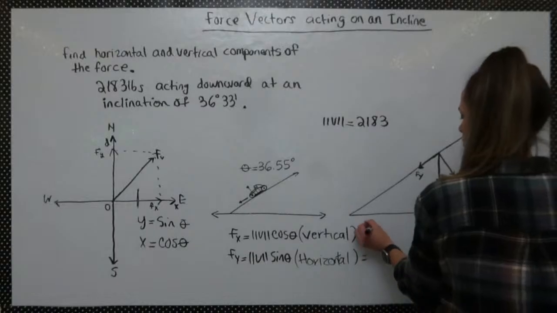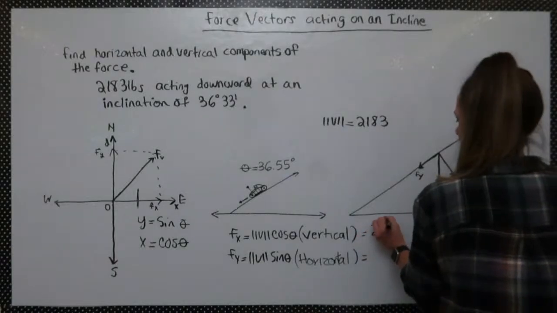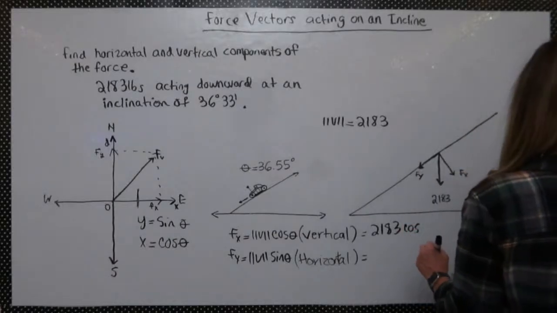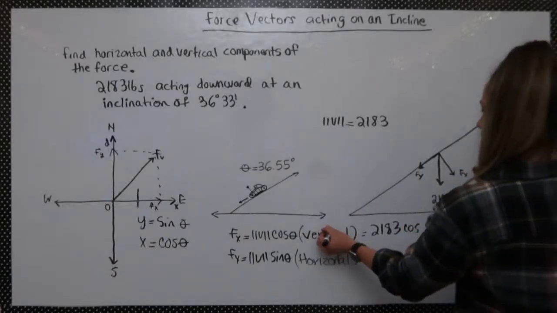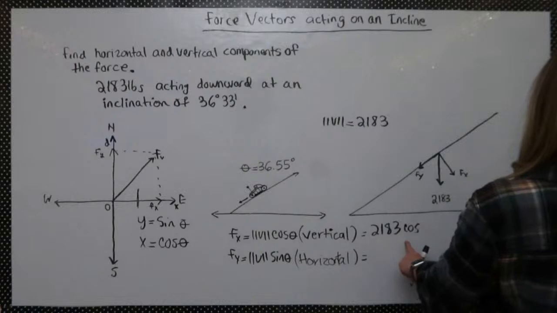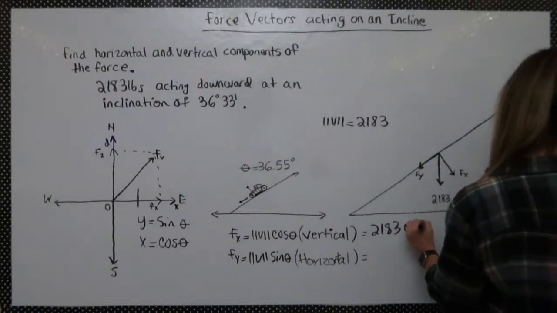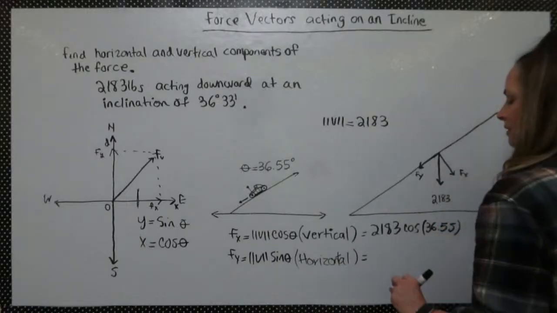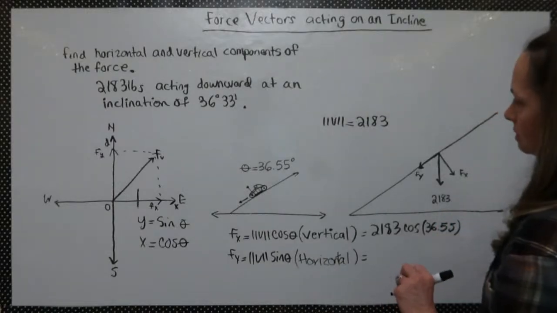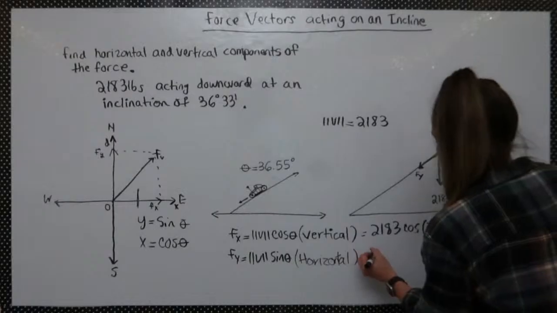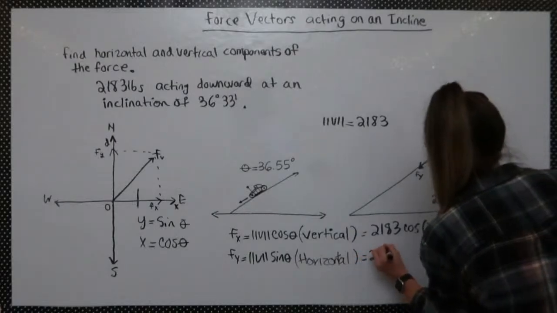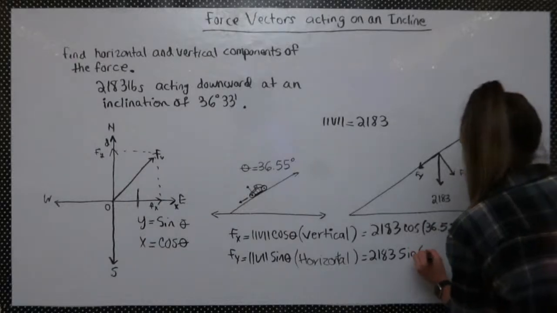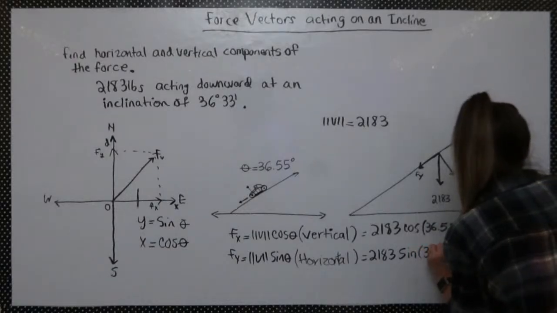So we're going to say 2,183 times the cosine of 36.55. And then the magnitude times the sine: 2,183 times the sine of 36.55.